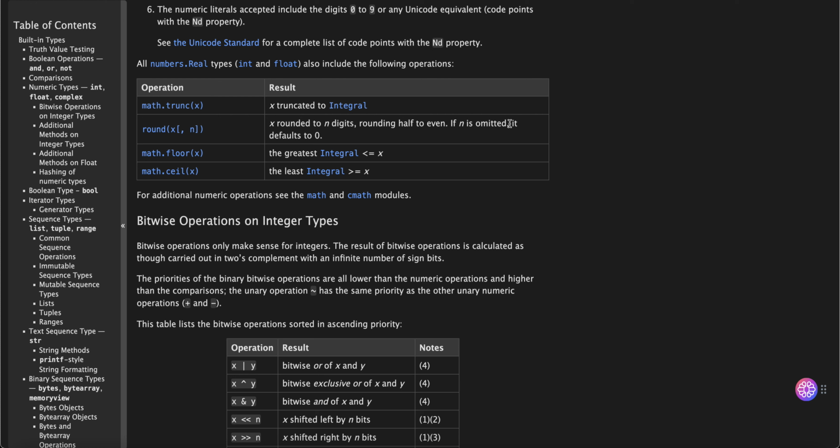If n is omitted, it defaults to 0. math.floor(x), the greatest integral less than or equal to x. math.ceil(x), the least integral greater than or equal to x. For additional numeric operations, see the math and cmath modules.